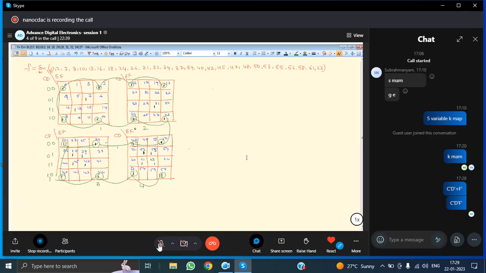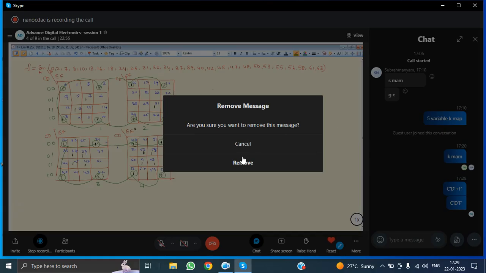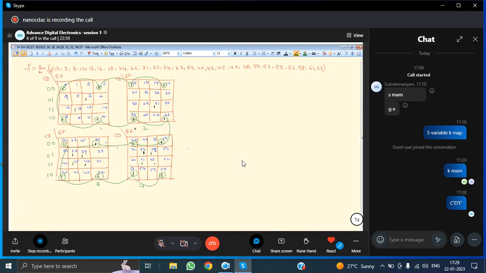Plus ఏం ఉండదు. ఓకే, సో C. ఓకే ఓకే ఓకే, సో C bar, D bar, F bar వస్తుందా? నేను మీరు చెప్పింది C bar, D bar, F bar వస్తుంది. ఓకే, సో ఇంకొక సెట్ ఆఫ్ ప్రైమ్ ఇంప్లికెంట్స్ C bar, D bar, F bar వస్తుంది.